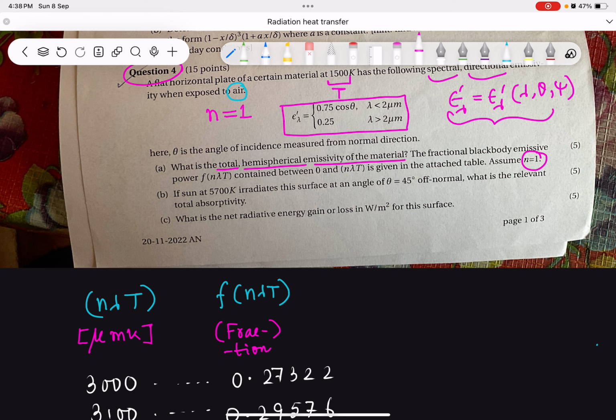If the sun at 5700 Kelvin radiates this surface at an angle of theta equals 45 degrees to the normal, what is the relevant total absorptivity? You pause the video and try this one. If I get time, I will solve this at the end of this video, otherwise in the next video.